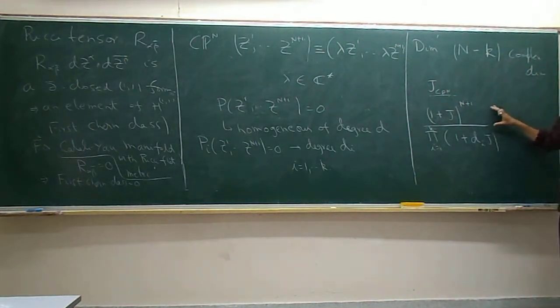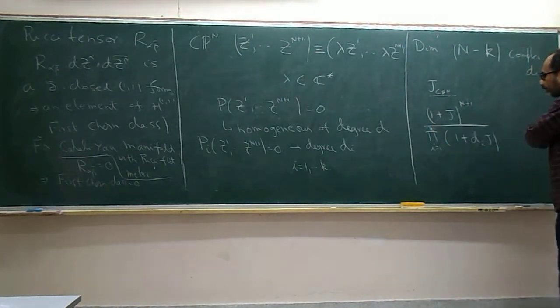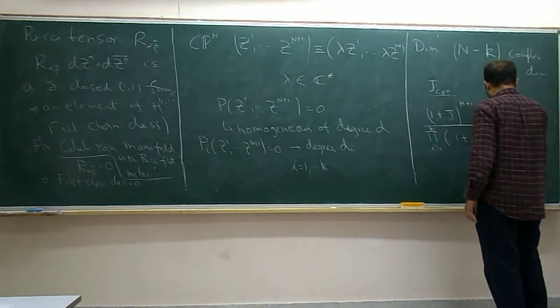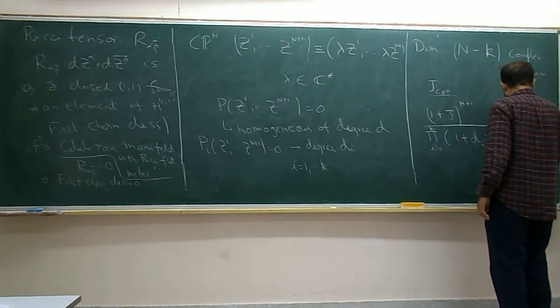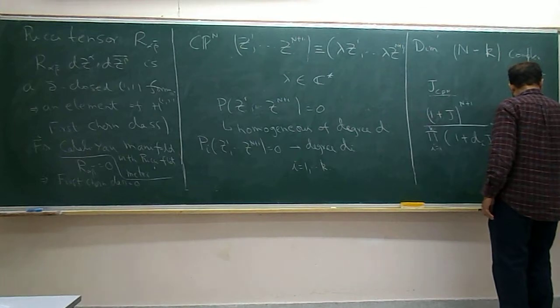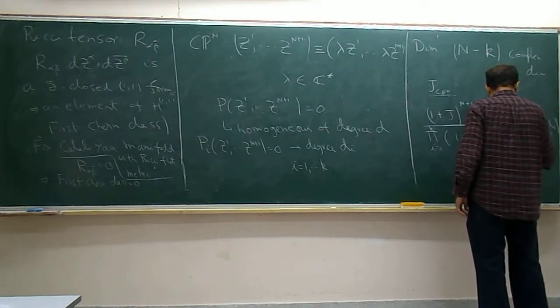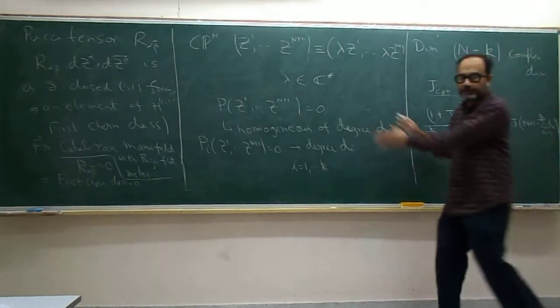Take this expression, where the d_i are the constants from the constraints, and expand it out formally as a power series in j. The first coefficient of j is the first Chern class. So this is j times (n plus 1 minus the sum over d_i). There are other terms which contain information about the higher Chern classes, which I will not worry about right now. So this object is the Chern class of the subspace.